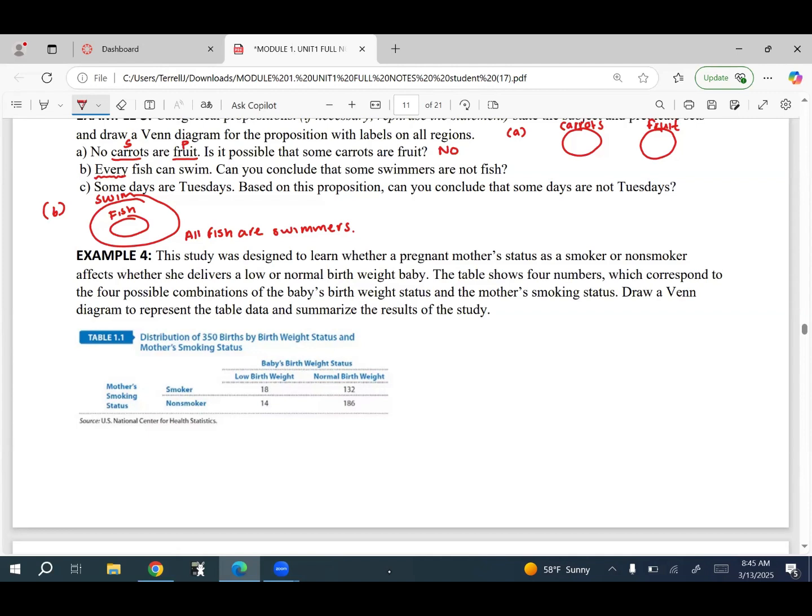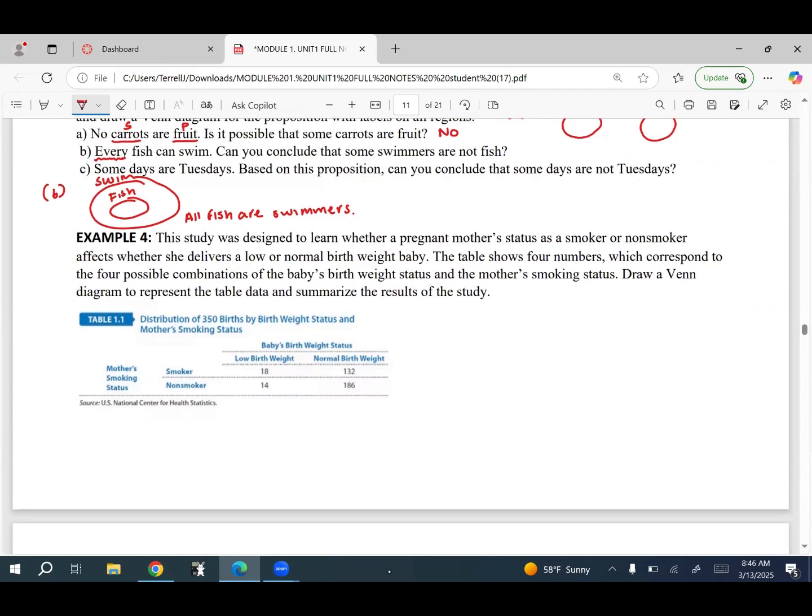We want to draw a Venn diagram to represent the table and summarize the results of the study. So looking at this table here, we're comparing a mother's smoking status, so either a smoker or non-smoker, and the baby's birth weight.